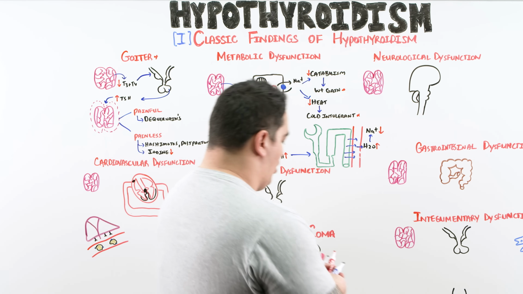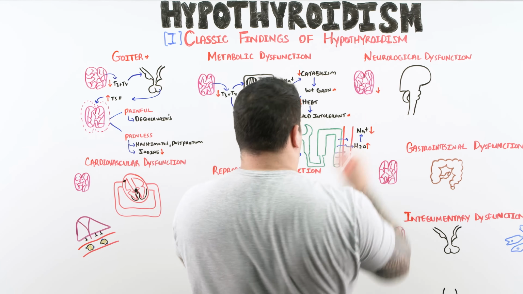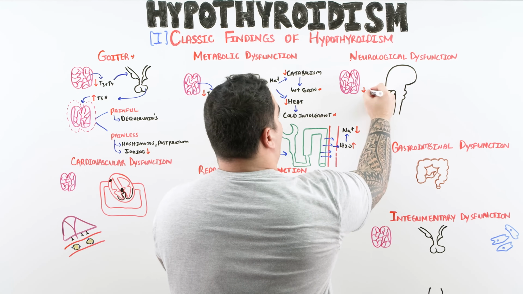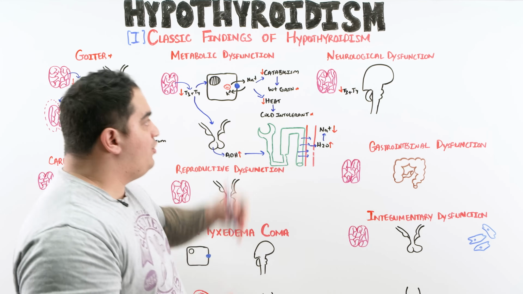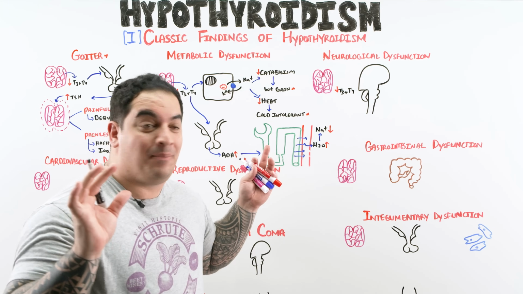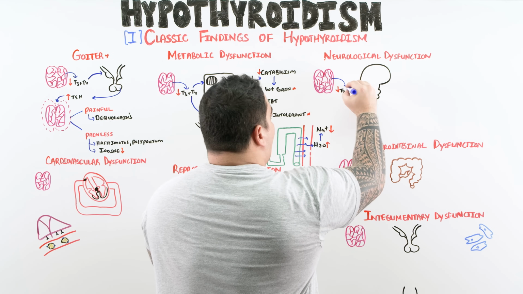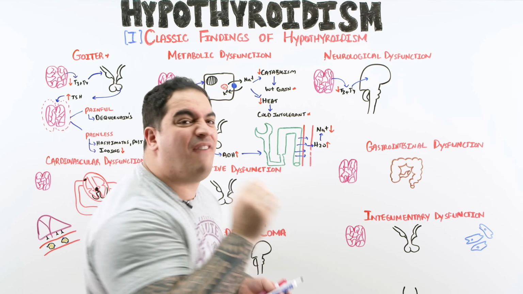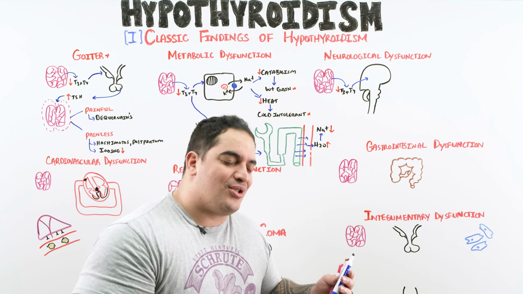What else? Whenever your thyroid is not pumping out T3 and T4 in an adequate amount, again, basal metabolic rate for tissues, this is tissues everywhere. This includes the neurons of your brain. When you don't have thyroid hormone, the neurons aren't firing at an appropriate rate. Imagine all the neurons are slowed down, dude.